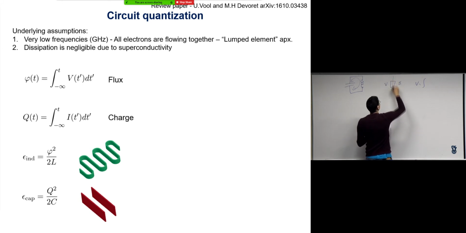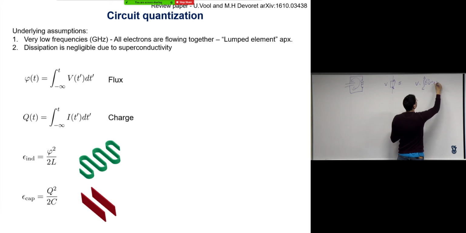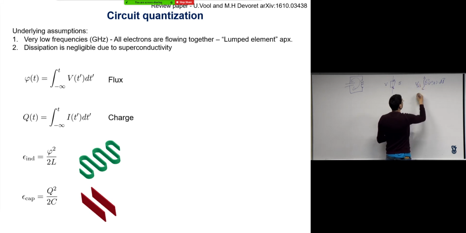So we're going to integrate from this point to this point. Let's call this point A, this point B. So integral from A to B of E(r,t) dot dl. So we're basically integrating the field from one side to the other. So this is V of t.